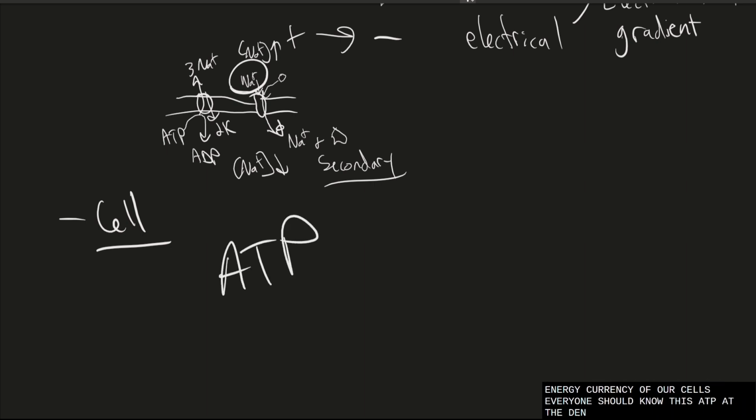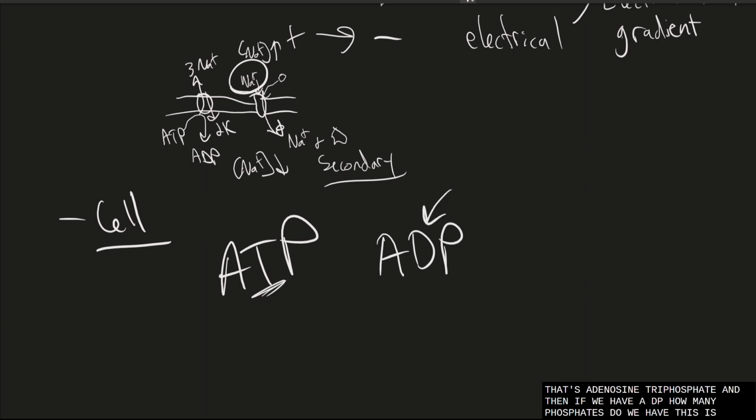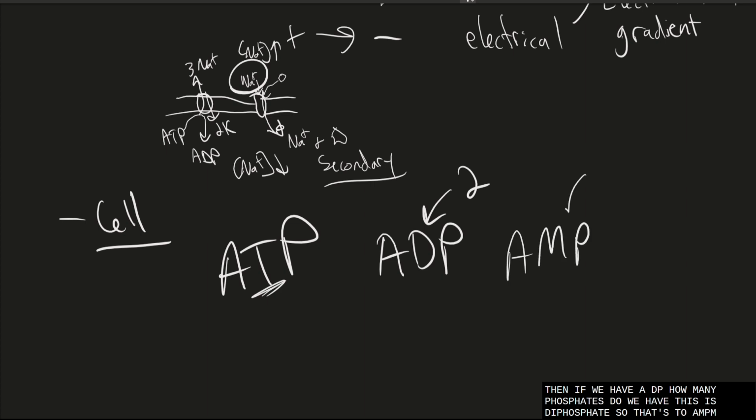ATP. That's adenosine triphosphate. And then if we have ADP, how many phosphates do we have? This is diphosphate, so that's 2. AMP is 1. I'll draw a 3 here for the T. So AMP is adenosine monophosphate.